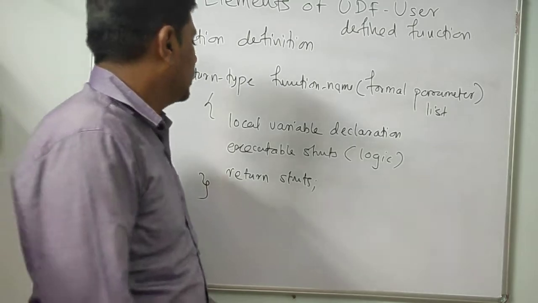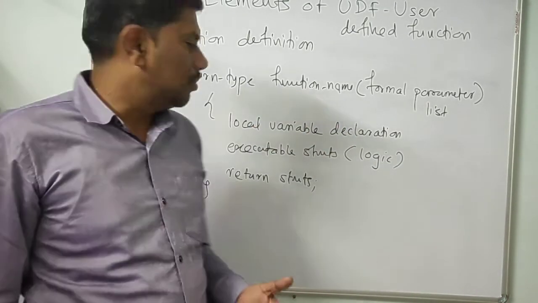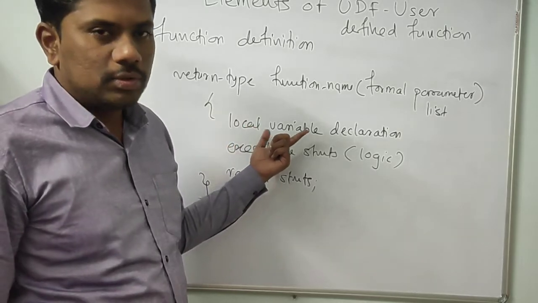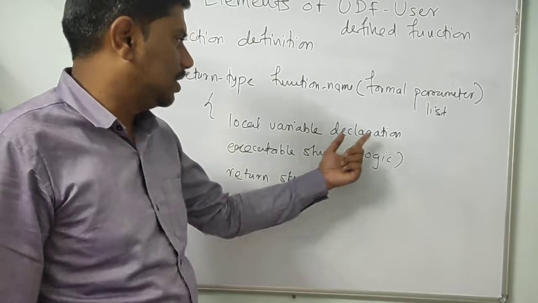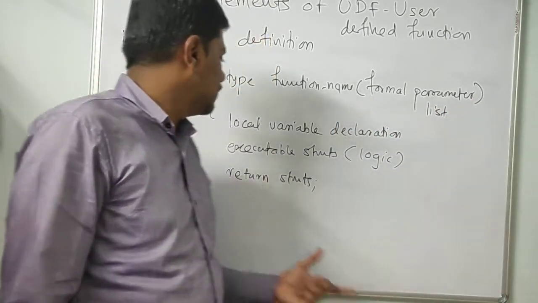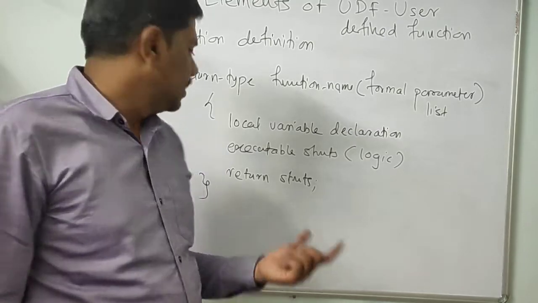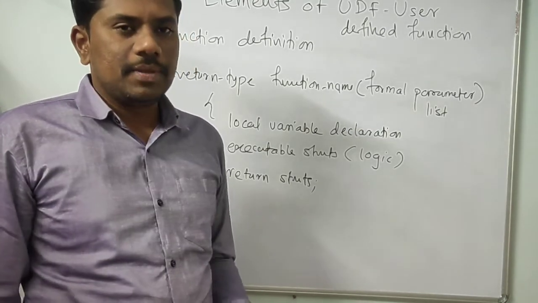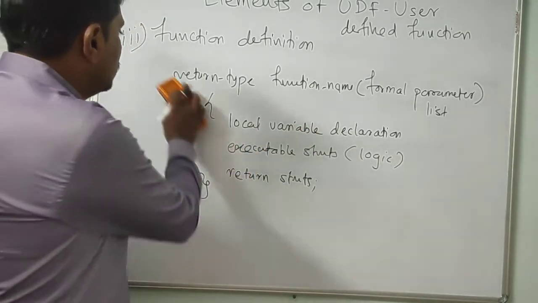Suppose you are performing addition of two numbers, you'll require some variable to store that result. That will be the local variable declaration. These are also local variables. Then the executable statement, your logic, addition of two numbers, c equal to a plus b, and the return statement, return c. So this will be the function definition. We'll see an example of this.